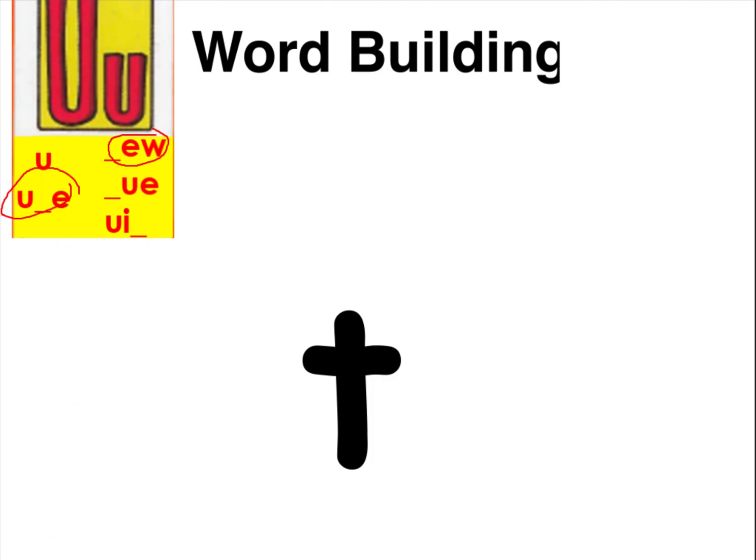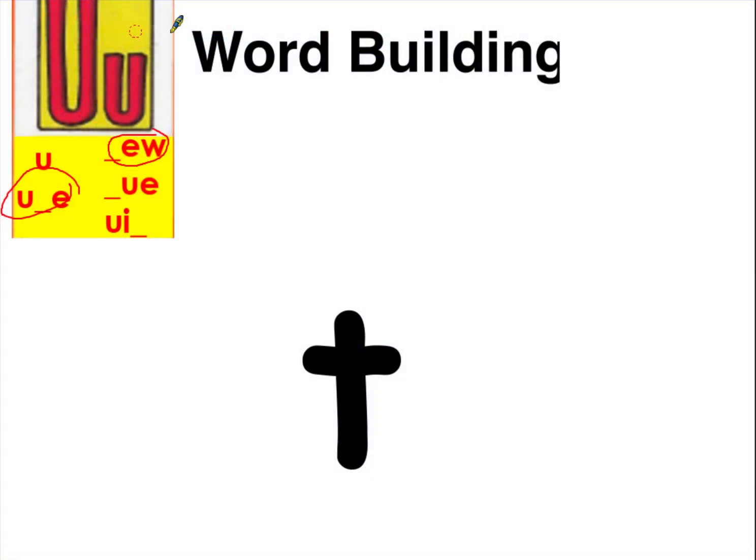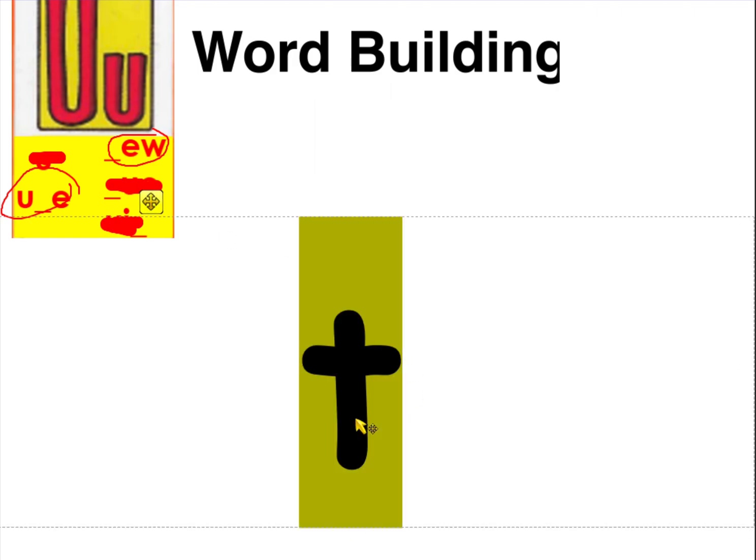UE in the middle, EW at the end. Well, we don't want that. And we don't want these guys. All right, number 1 does not a number, Miss J. Doesn't start with a T either. Flew. The bird flew through the air. Flew.